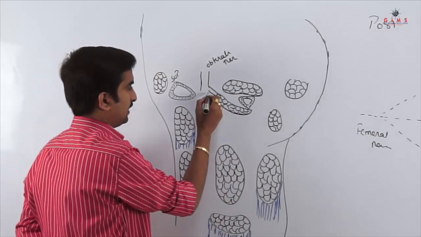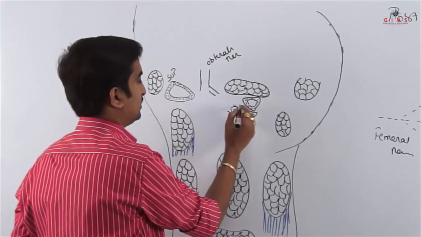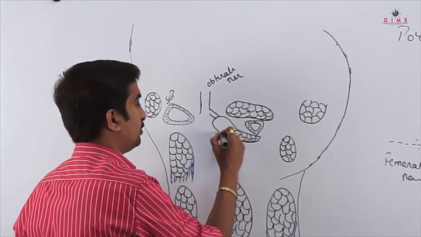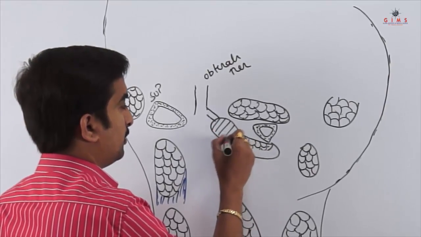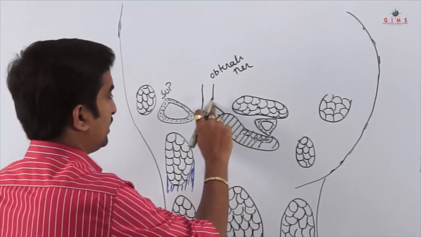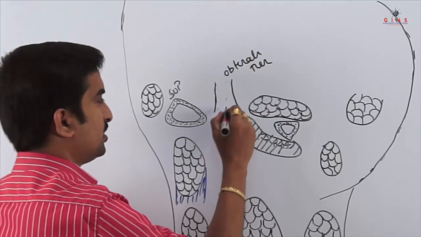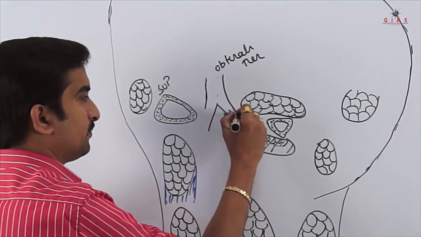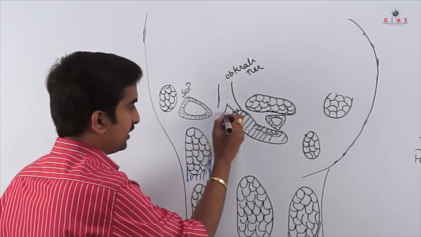First I will draw this. This is the obturator externus muscle. Here it is dividing into anterior as well as posterior divisions. This is the posterior division and this is the anterior division.